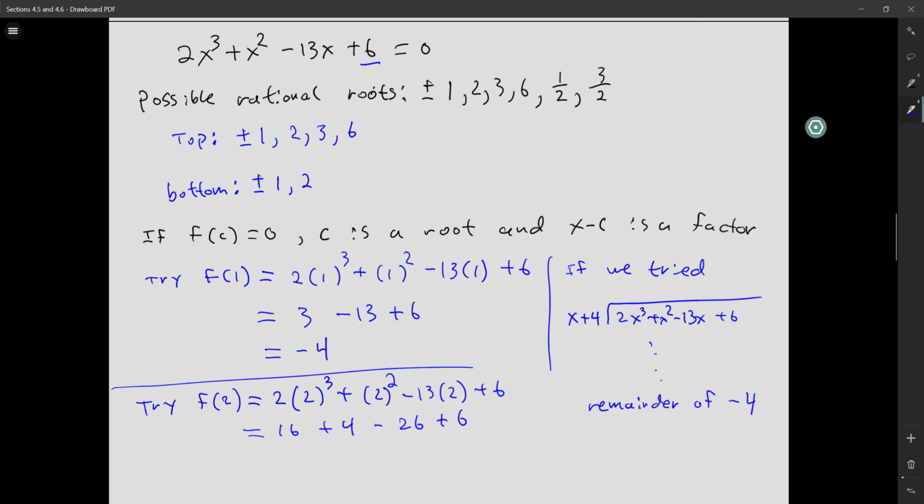And if I add up all the positive numbers, I'll get 16 plus 10, which is 26, minus 26, which is equal to 0, which is good. So what this is telling me is that x equal to 2 is a root, or x minus 2 is a factor.